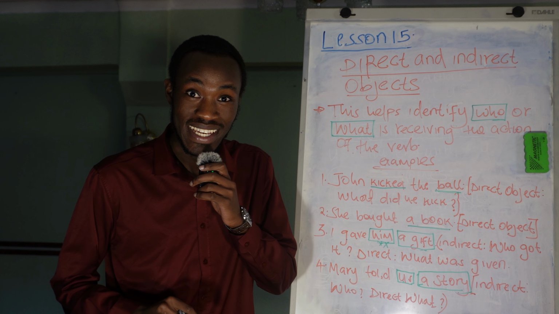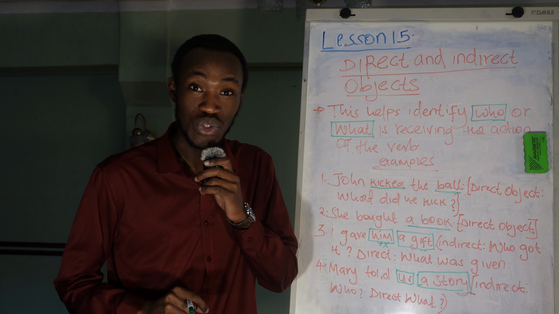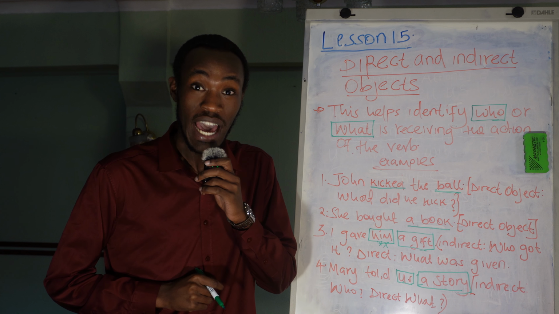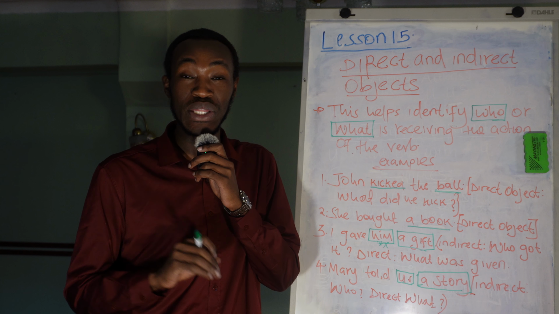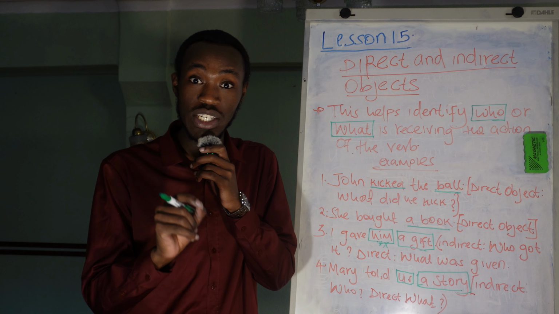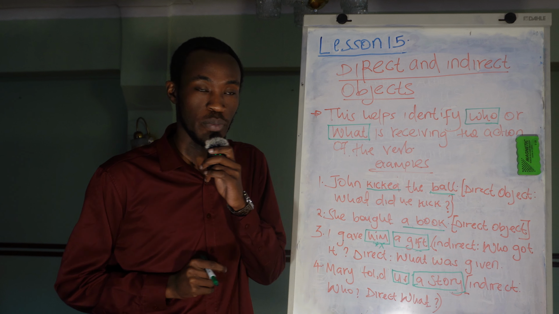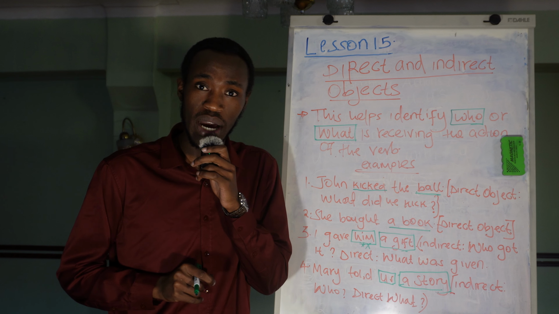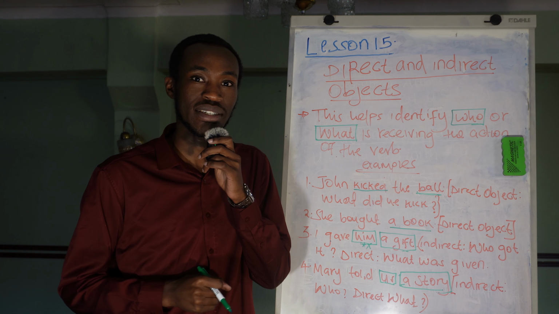My students, all along from lesson 14, I taught you about using adverbs. Now, this is the good lesson, the simple lesson, but the critical one, because it needs you to pay attention keenly. Now, I want to teach you about what we call direct and indirect objects.